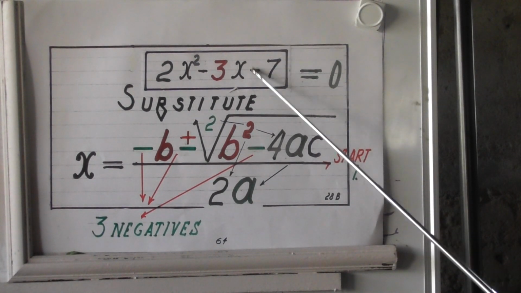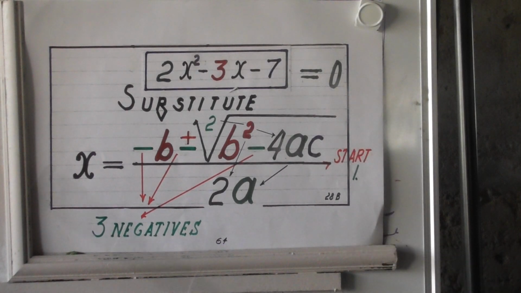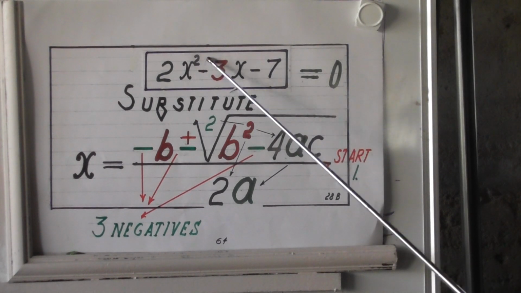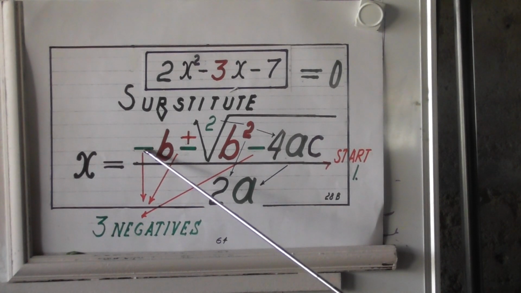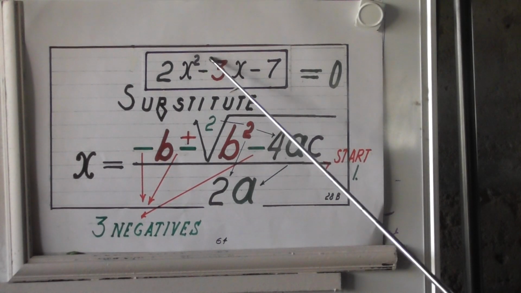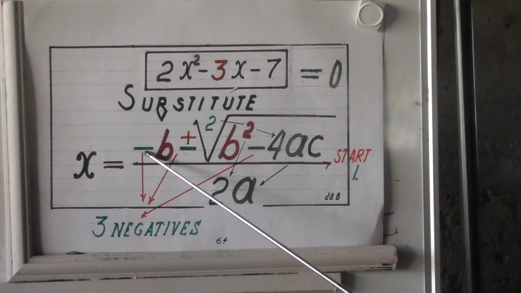If you start with the last one, these two are complaining. So we start with the middle. This is already there. So B is negative 3, so that becomes positive 3.